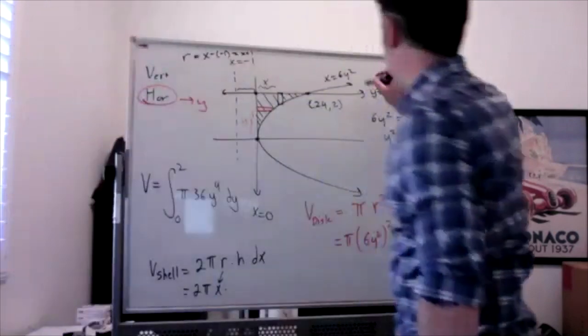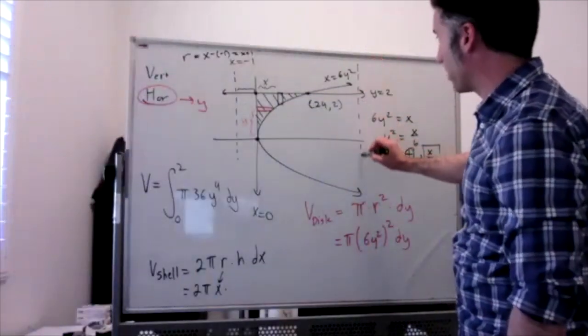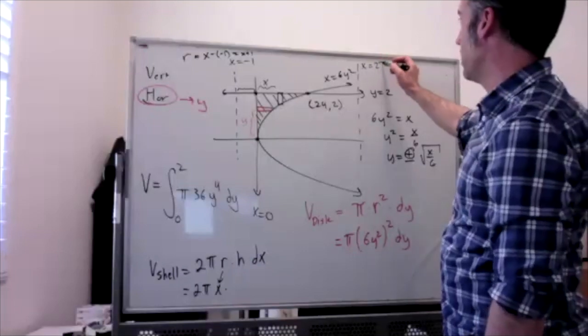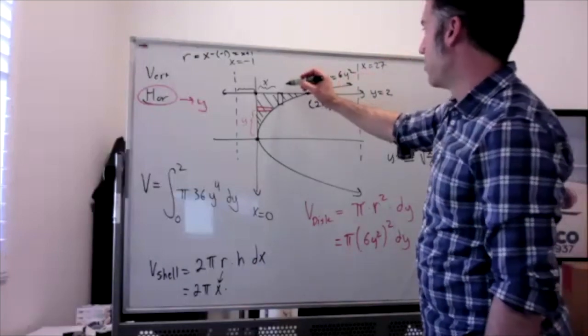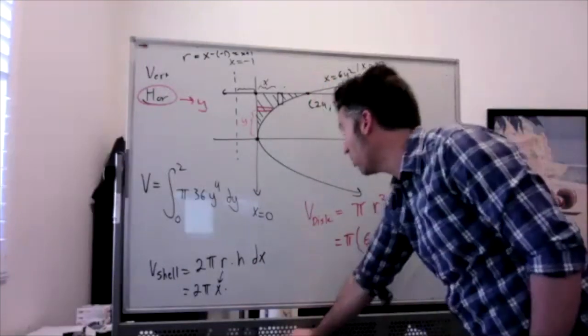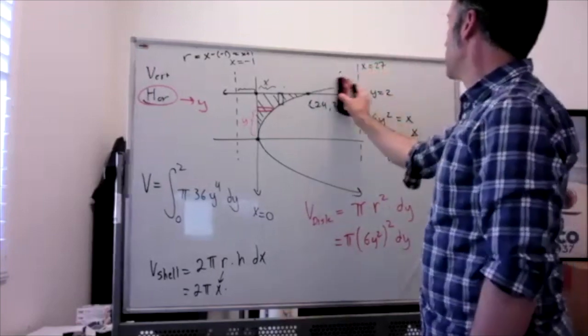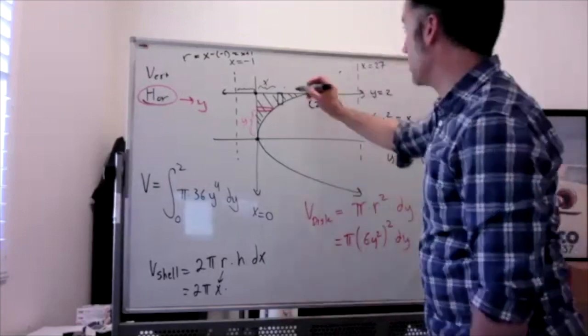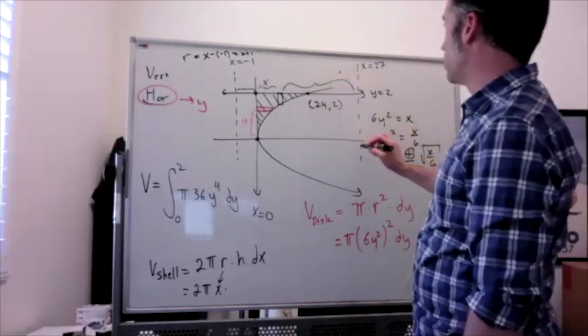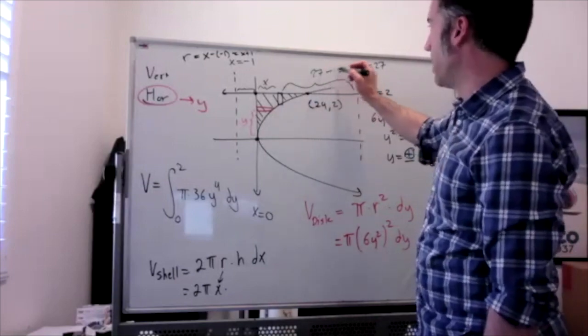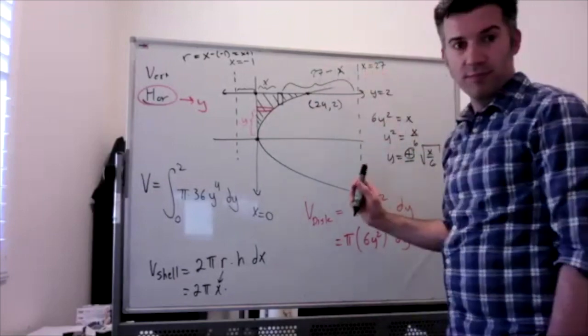Or if my axis of rotation was, say, x equal to 27, then the radius of my shell would be this distance here, which would be 27 minus x.